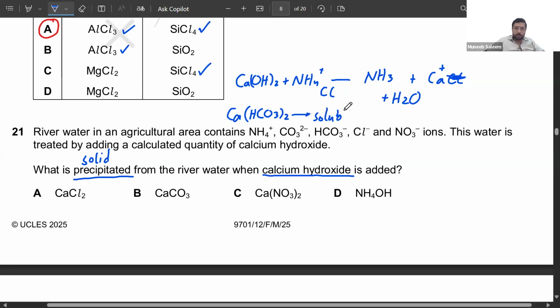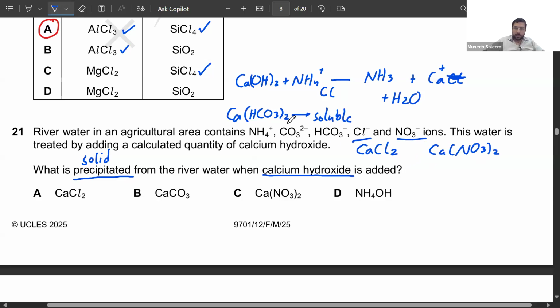It is a soluble compound, so it doesn't form any precipitate. With the chloride, the calcium hydroxide will produce calcium chloride. Chlorides of all the group 2 elements are also soluble. Calcium nitrate is also soluble here. So all of these are basically soluble.